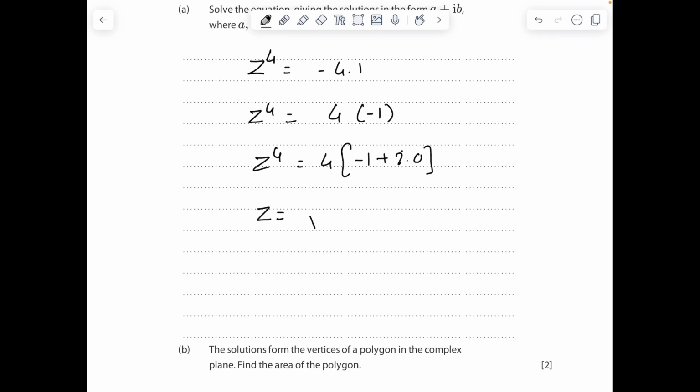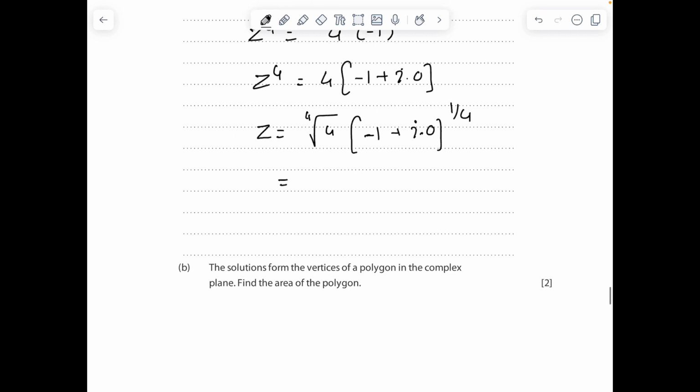So z equals 4th root of 4, then negative 1 plus i times 0 whole to the power of 1 upon 4. So 4th root of 4, just now we have found, was square root of 2. Square root of 2, then this is cos 180 plus i sine 180 whole to the power of 1 upon 4.